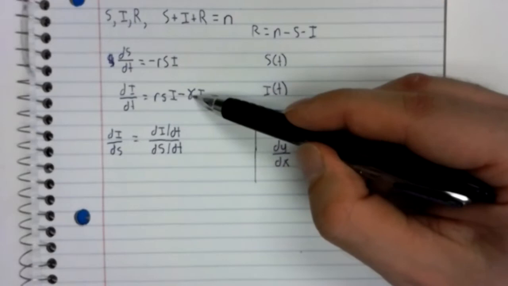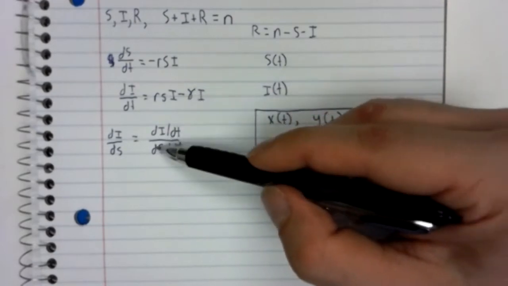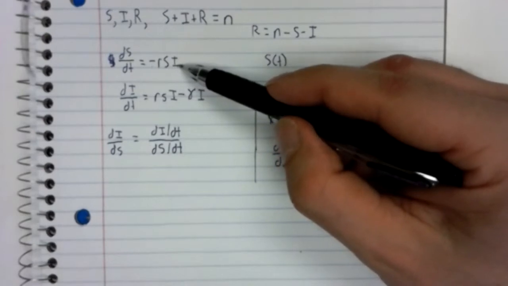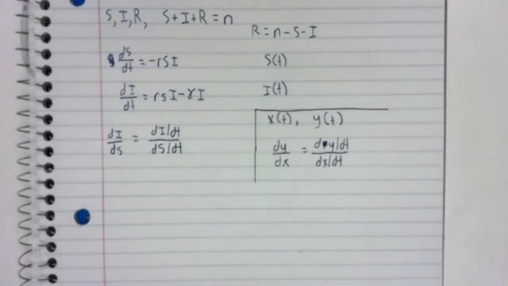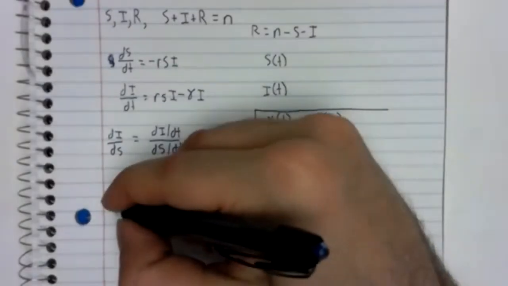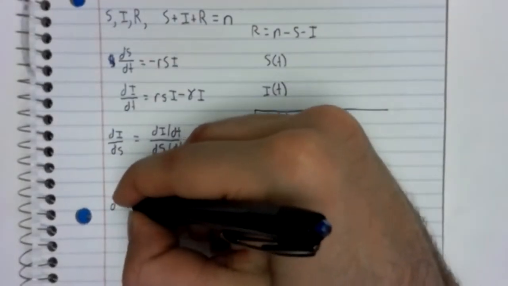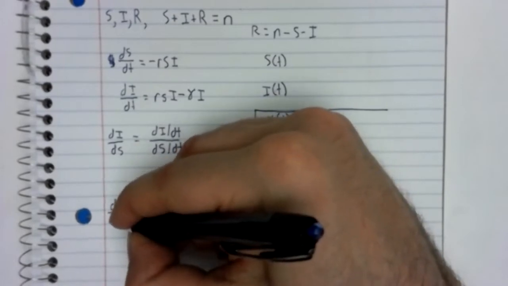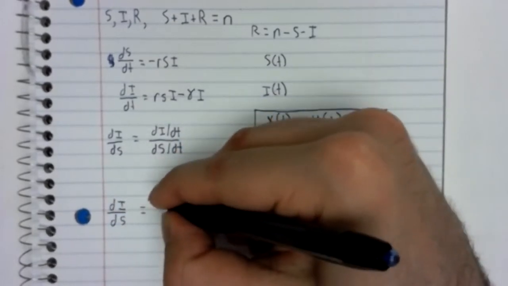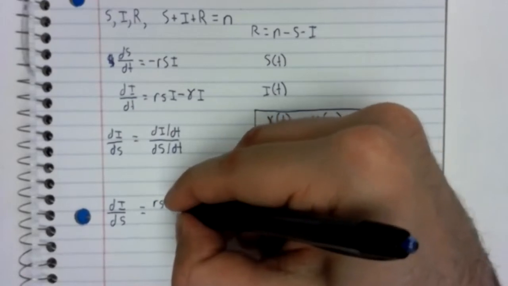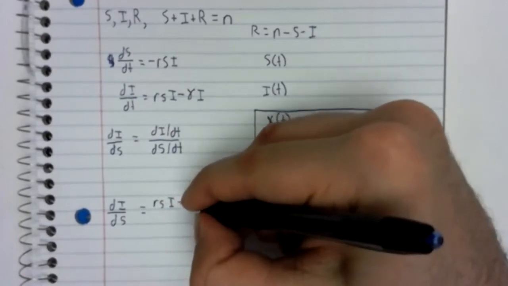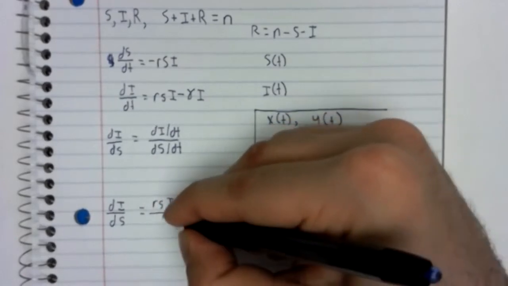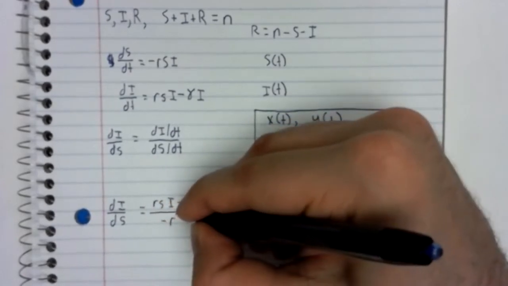This is this. This is this. So dI/dS is this fraction.